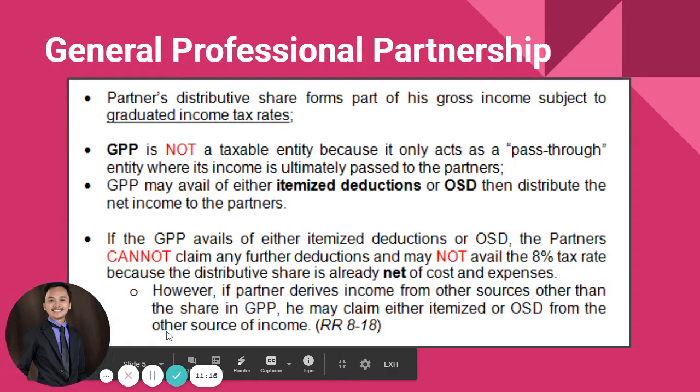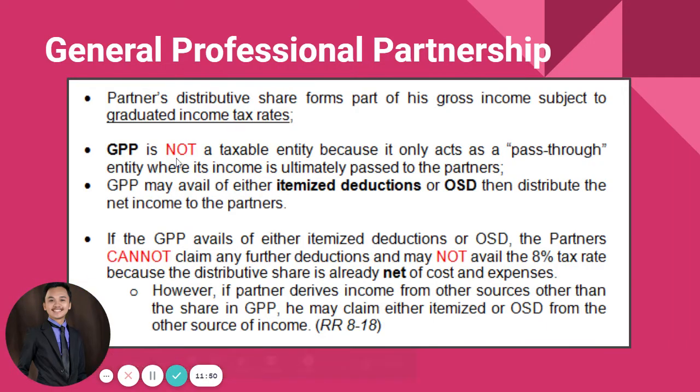Because let me remind you guys, if the individual is using 8%, our basis for the 8% will be the gross sales. So in this case, the distributable net income of the partnership is already net of cost or any expenses. So that is why the partner, if the sole source of his income is only his share from a general professional partnership, will only be taxed using the graduated income tax rates.